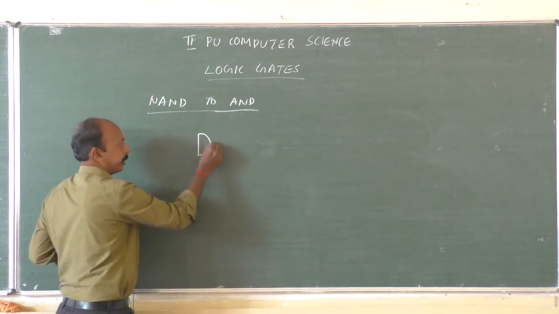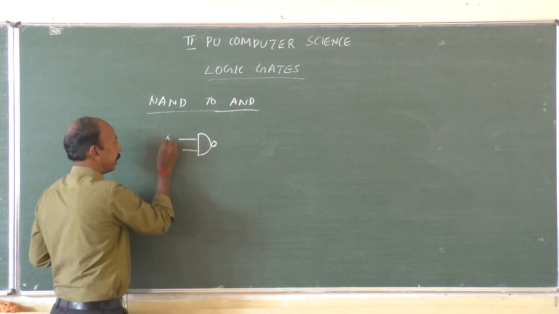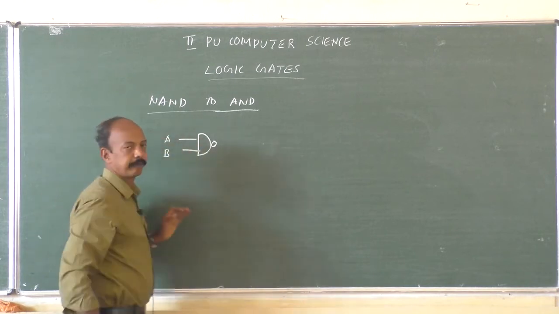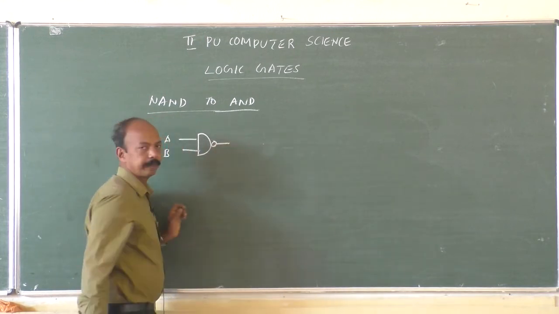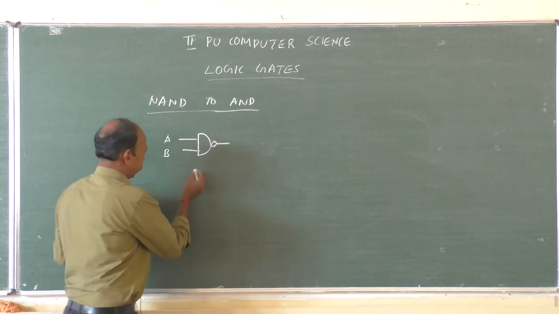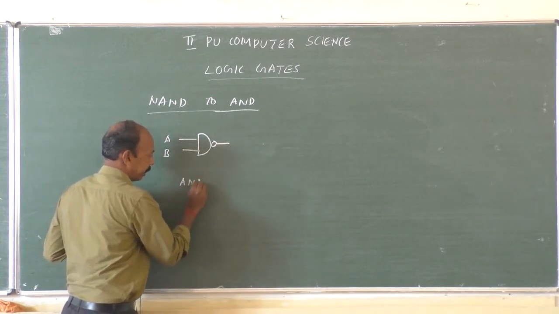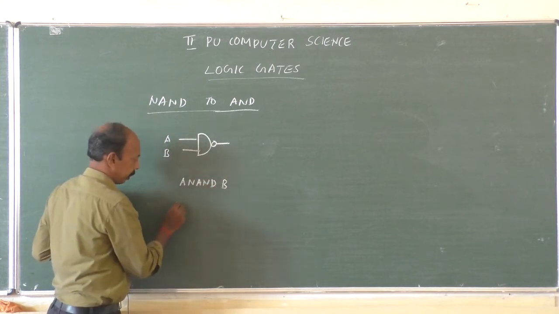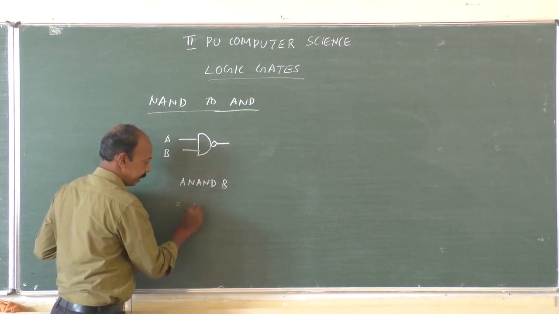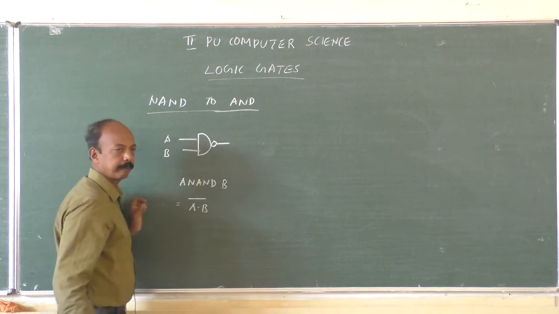Again NAND gate, 2 inputs, A and B. What we have here is A NAND B, which will be written as A and B complement.